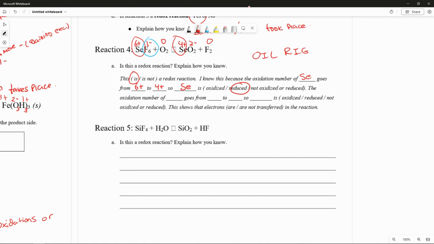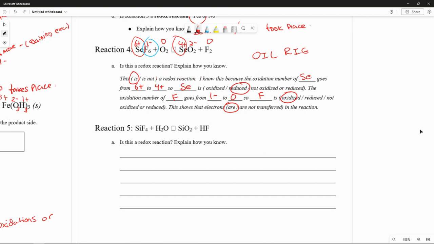And the oxidation number of F goes from a 1 minus here to a 0 here. If your F is going from 1 minus to 0, you are losing electrons to make it more positive. So we know losing electrons is oxidation. So F is oxidized. And so this shows that electrons are transferred in the reaction. And so this is a redox reaction in the end.